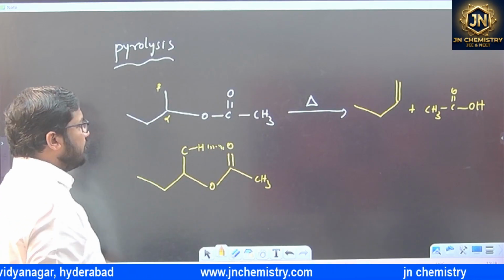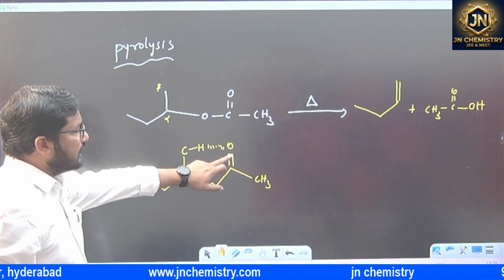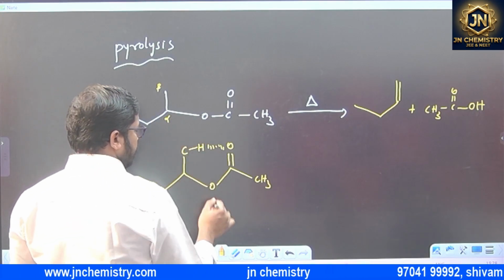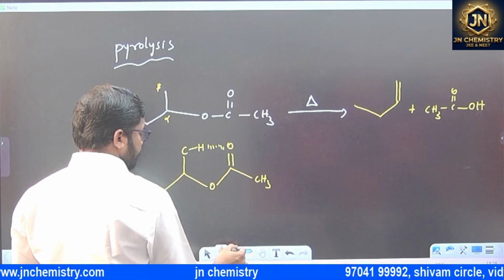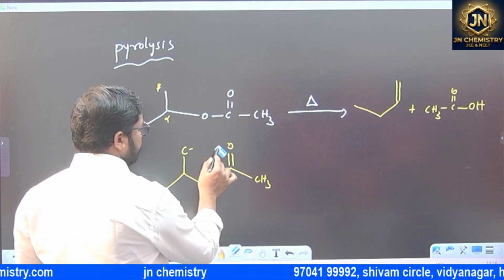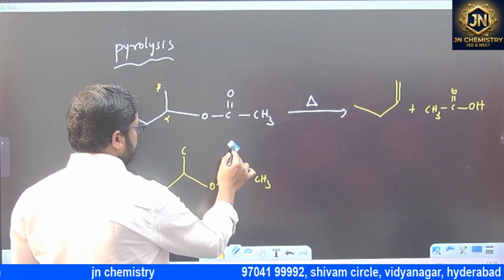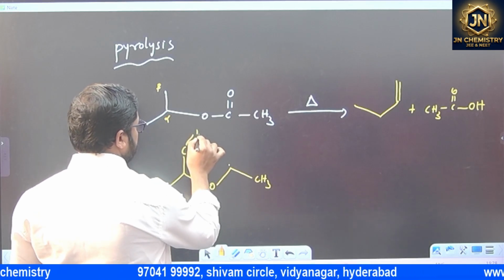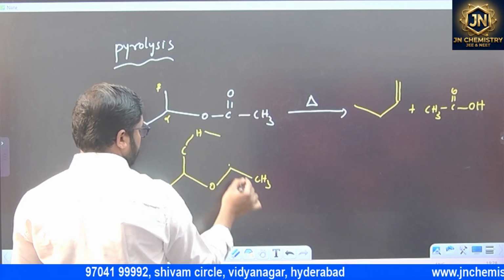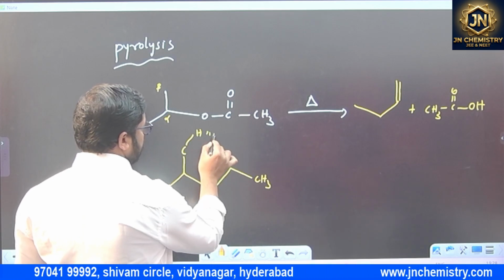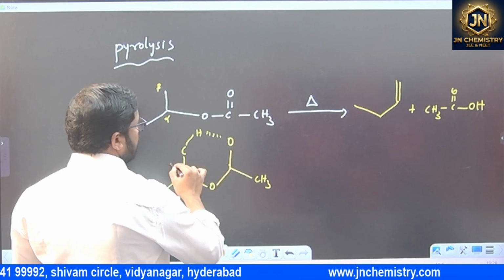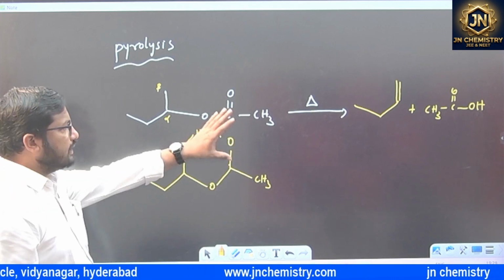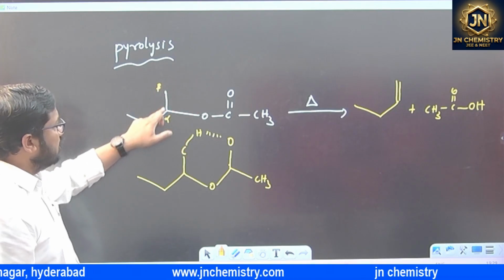A cyclic six-membered ring transition state is forming, 1, 2, 3, 4, 5, 6. That's the reason Hofmann alkenes are forming. So here a hydrogen is going out, so Hofmann alkene.